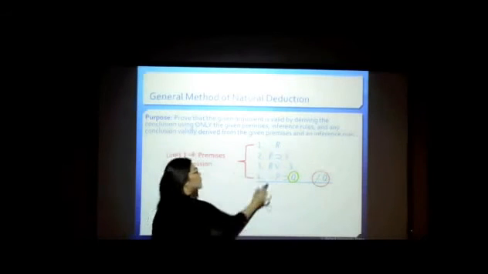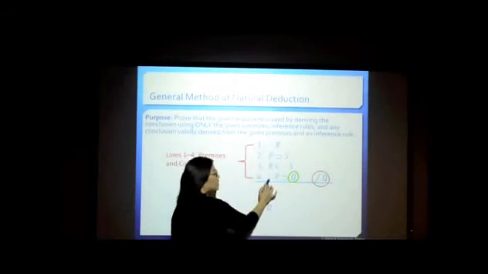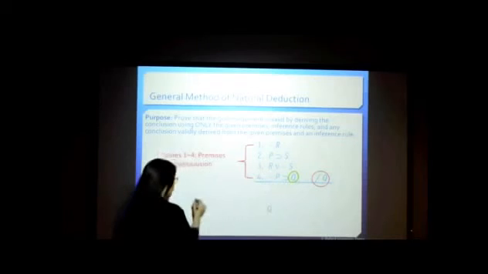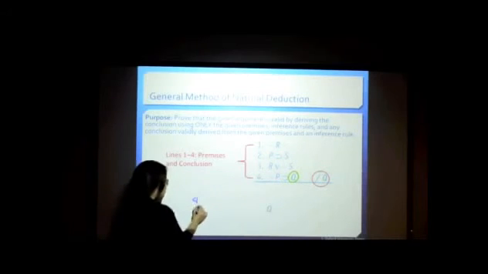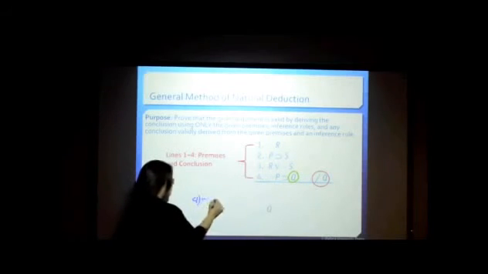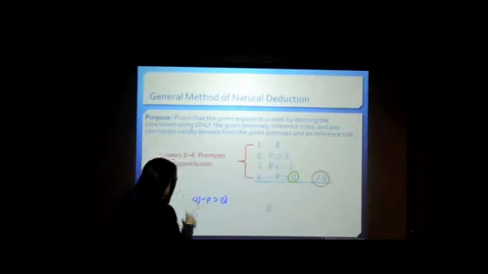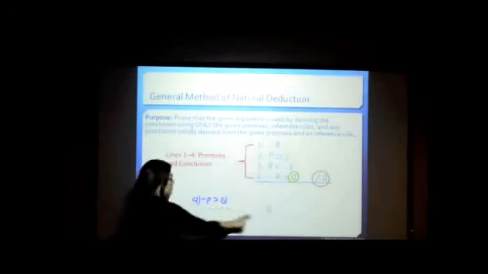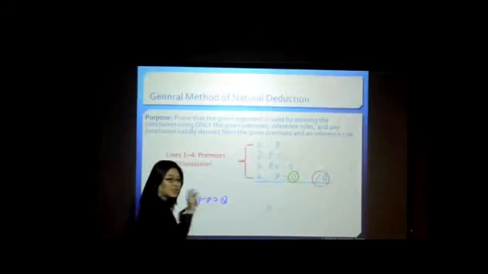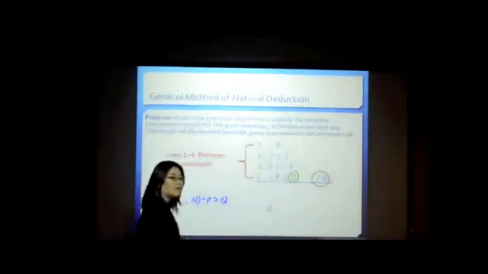Now, we have this premise here, tilde P then Q. So it's premise number 4, and premise number 4 is tilde P then Q. And we're going to make some hypotheses now. We need to get Q eventually as the conclusion, as the last line of our proof.